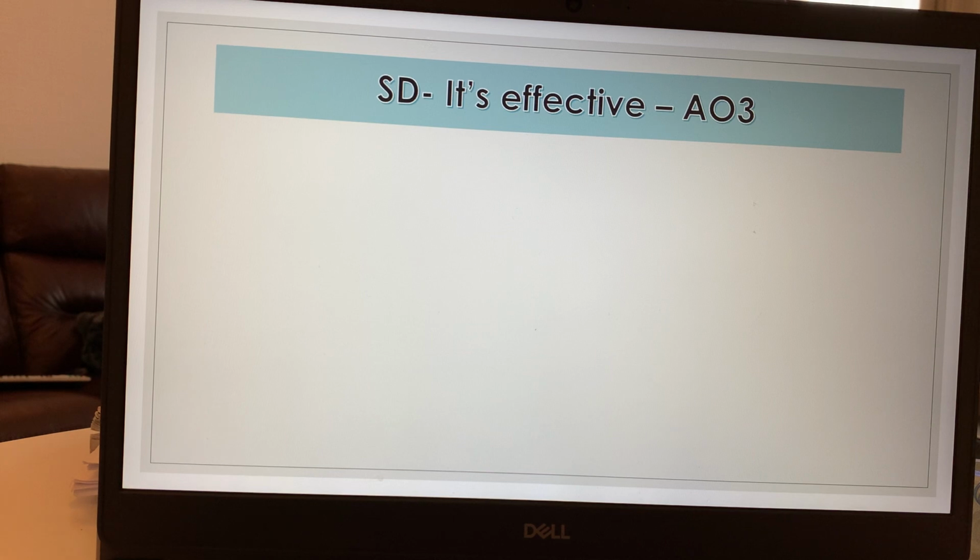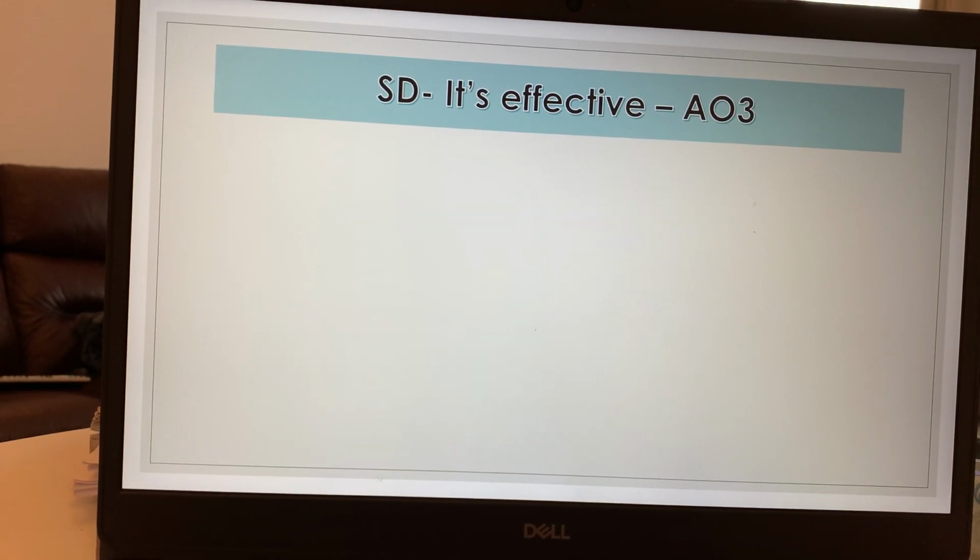When it comes to AO3 though, because remember AO1 is only 6 marks, so a good bulky paragraph explaining what SD and flooding are, you probably want to go for 2 AO3 paragraphs for SD and 2 for flooding, I'd say, to really make sure that you've got enough in there to show the 2.